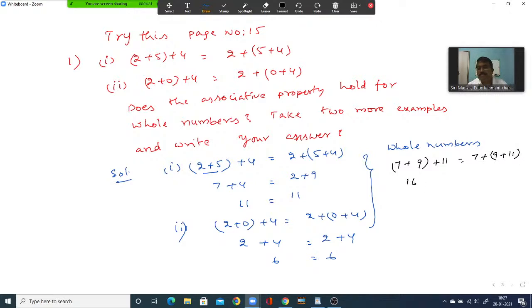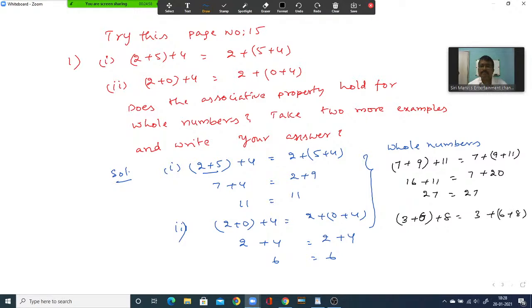7 plus 9 is equal to 16, plus 11 is 27. So 27 is equal to 27. That's it. This is the first example. And the second example is 3 plus 6 plus 8 is equal to 3 plus 6 plus 8.